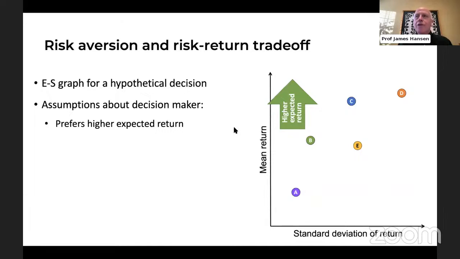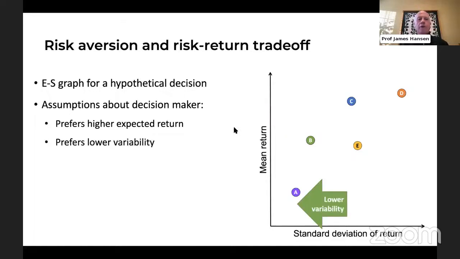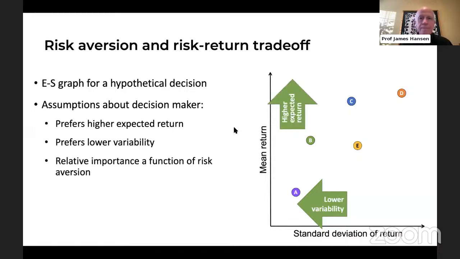So we can make 2 assumptions about most farmers, most decisions. They prefer to have higher expected income, higher expected return. So they want to go up on the vertical axis, but they also prefer lower variability, which means that they want to go to the left on the standard deviation axis. Lower standard deviation means lower variability, lower risk. Now, the relative importance of these is a function of risk aversion.